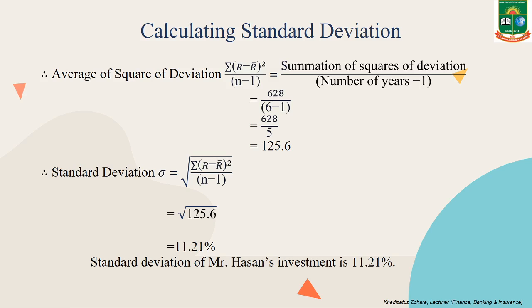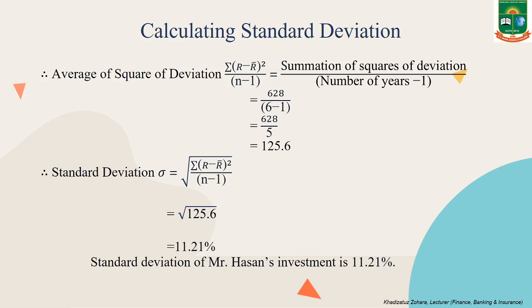Now, average of square of deviation, R minus R bar square divided by n minus 1. Here summation of R minus R bar square is 628, which should be divided by number of years minus 1, that means 6 minus 1, that means 5. 628 divided by 5 is equal to 125.6.